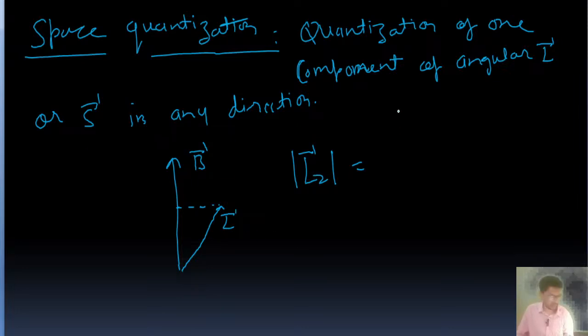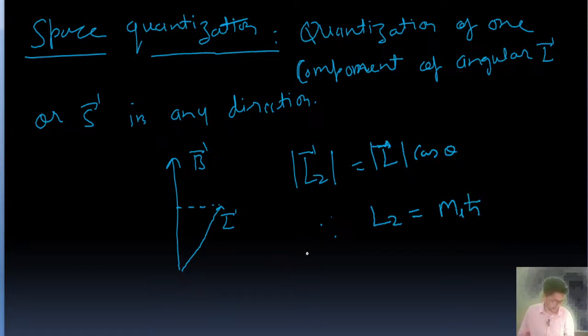Lz is going to be mod of L vector cos theta. Since Lz equal to ml h cut, this we know, from here we can write cos theta equal to ml. I'll solve a question, then it is going to be more clear.